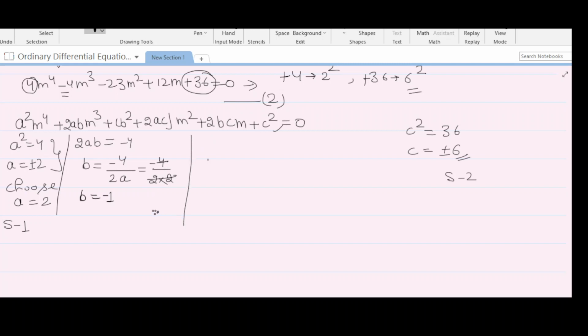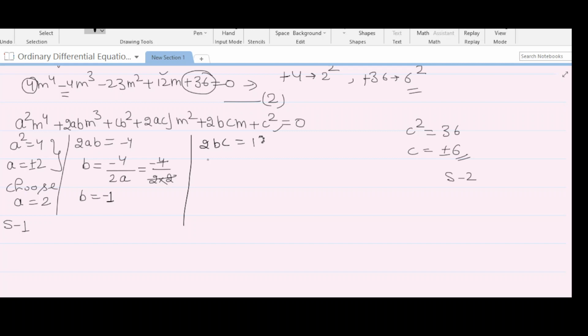Now again we have to verify this value of b. How can it be verified? 2bc will be equal to 12, because we are taking the coefficients of m here.